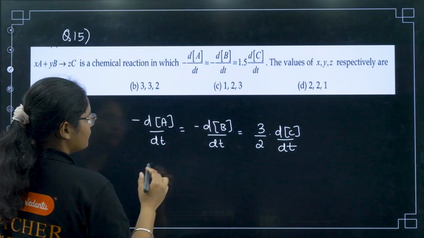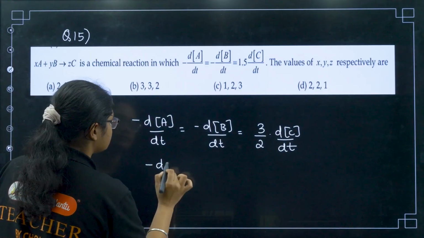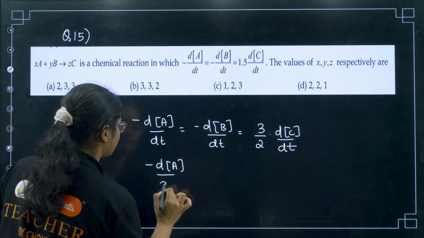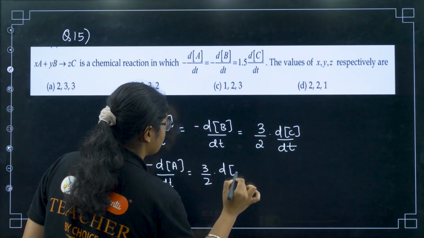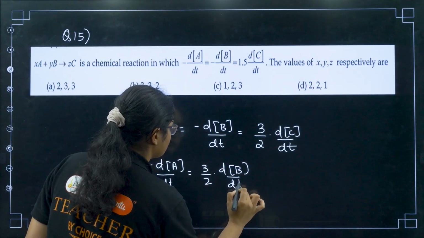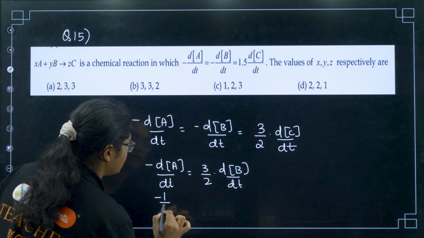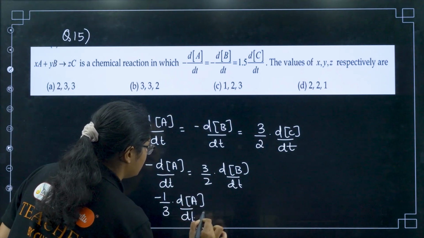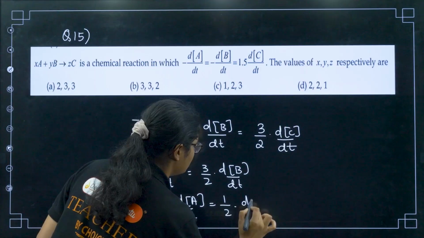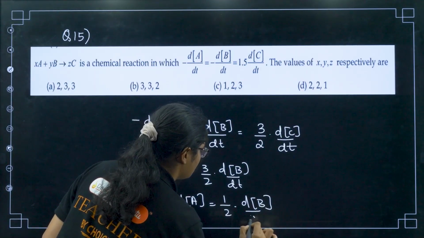Now suppose I connect this one: minus dA by dt is equal to 3 by 2 of dC by dt. Now this 3 can be taken to the denominator here, so I can write minus 1 by 3 dA by dt is equal to 1 by 2 into dC by dt, right?